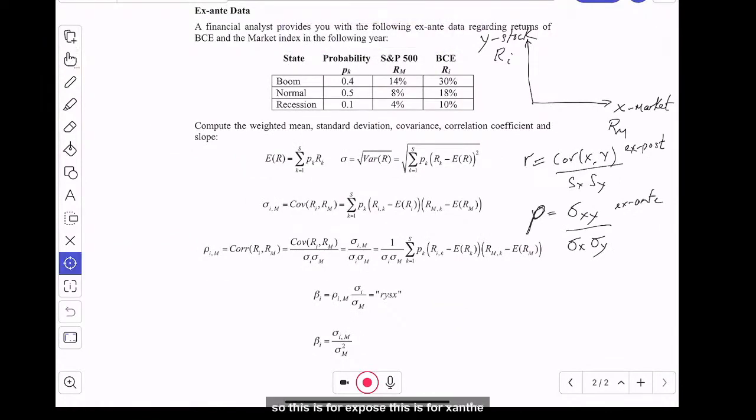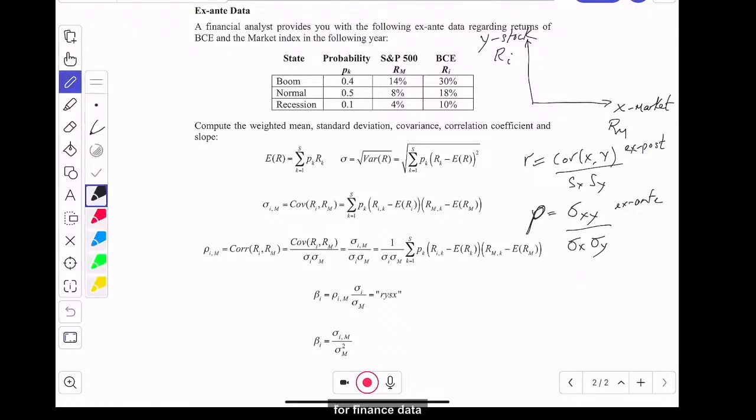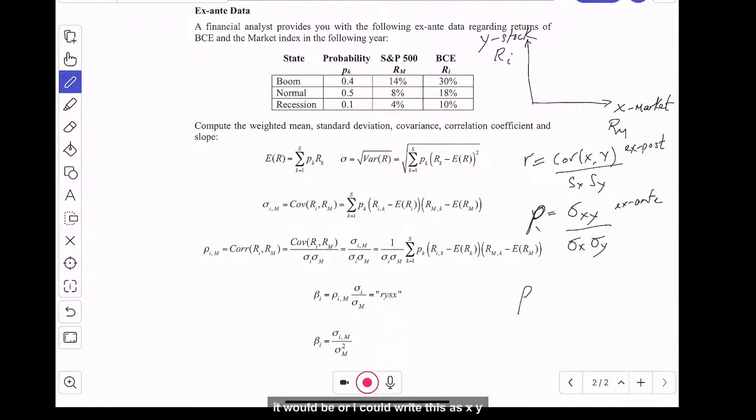So this is for ex post, this is for ex ante, and how would it look for finance data? I could write this as xy here as well, because it's the correlation between x and y. For my case, I'd put it in alphabetical order. It doesn't matter if x comes first or y comes first when calculating the correlation.